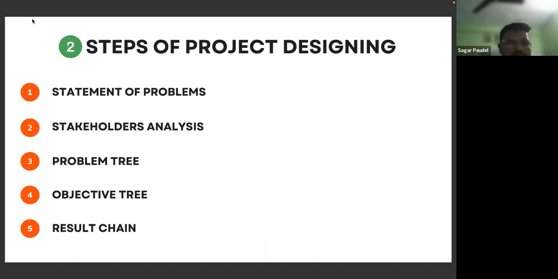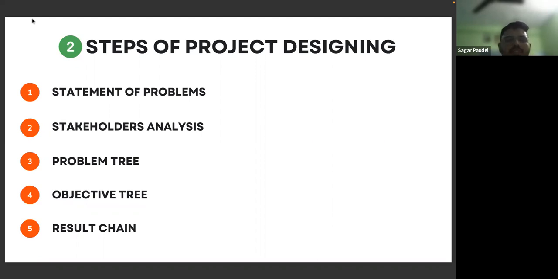And third is the problem tree. After identifying the problem, we need to go towards the root cause of the problem. What is the root cause? For example, if 40% of people are deprived of clean drinking water, then the major problem may be they don't have knowledge about the sanitation program for water, or they are cutting down all the trees so that the water sources were polluted, or they do not manage the sources of the water. So we need to identify the major or root cause of the problem in the problem tree.